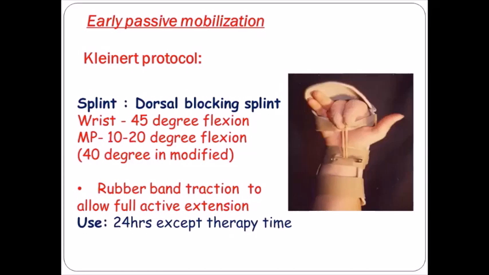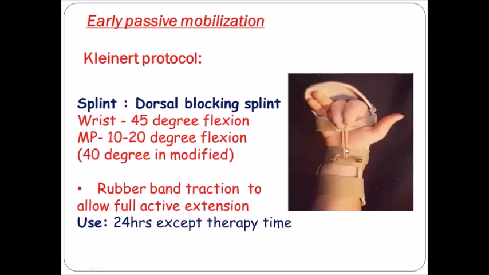Cleanard protocol. Here you can see the dorsal blocking splint where the wrist is at 45 degrees of flexion, MP at 10 to 20 degrees of flexion, and in modified Cleanard, which we are now using, the MP joint is at 40 degrees of flexion. You can see a very important structure here, a rubber band applied.